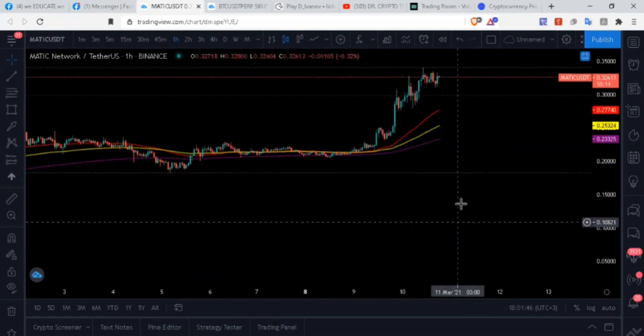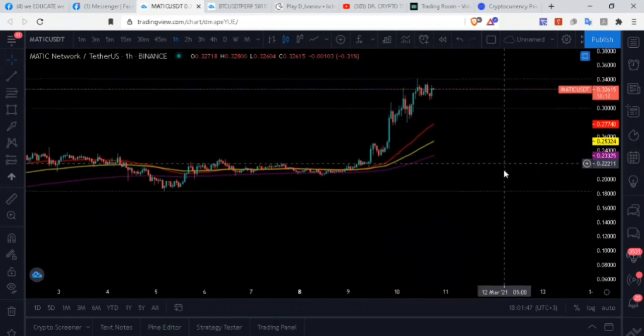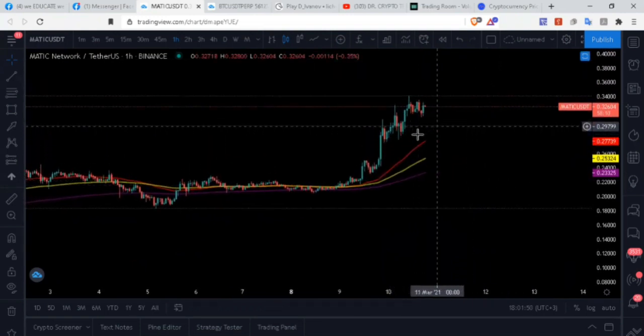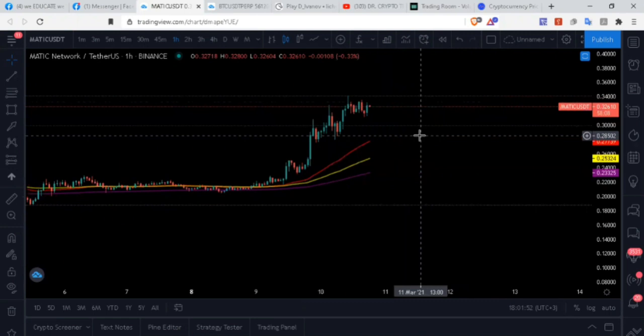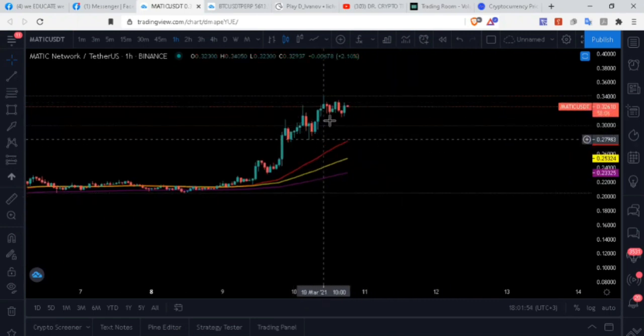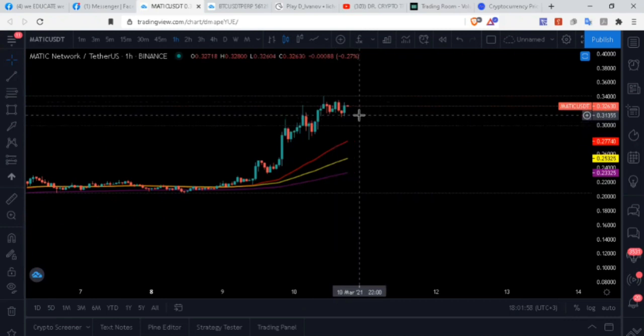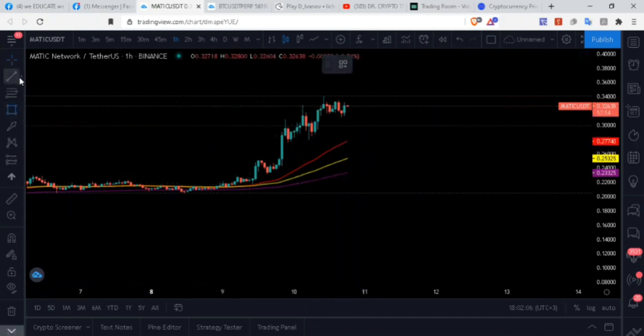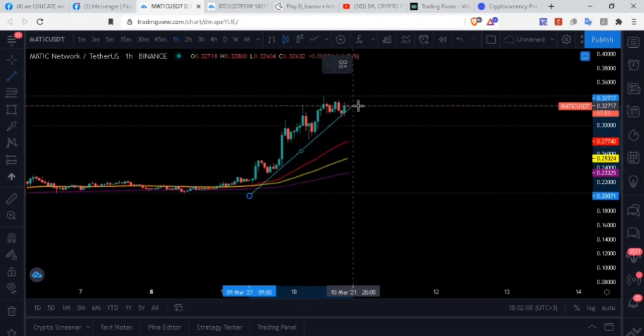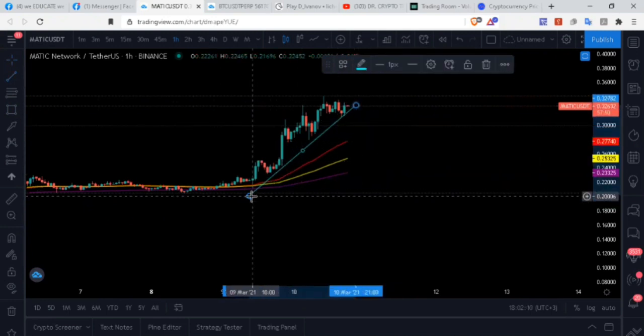So our strategy here, we will wait for the price to go in this area, previous resistance that becomes support. So we first plot our support and resistance, the diagonal support and resistance.